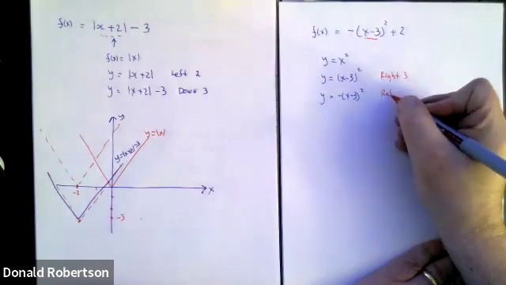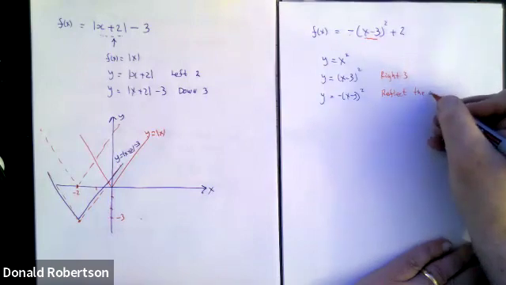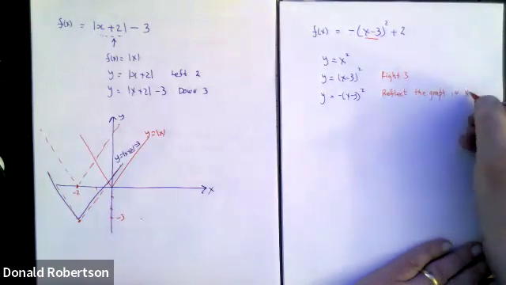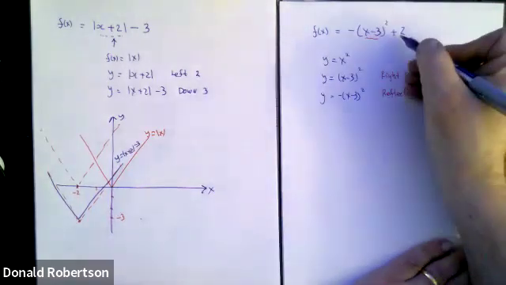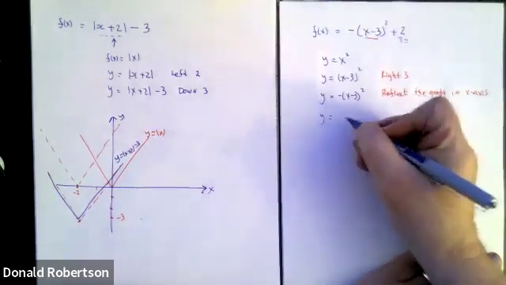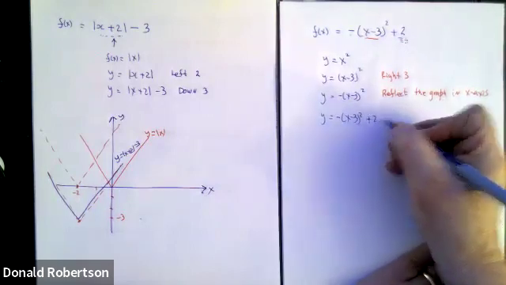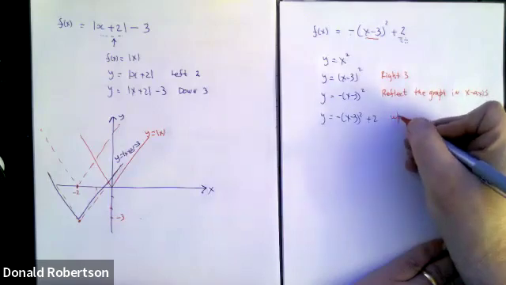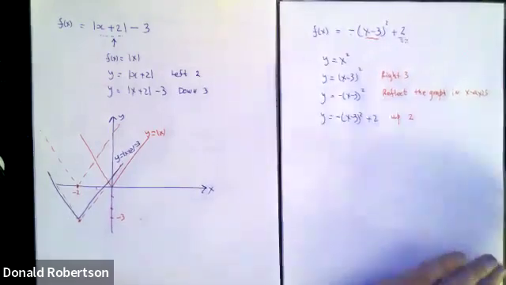It reflects the shape, the curve, in the x-axis. And then finish with this one. And we know that this piece says move whatever graph you've now got up 2.